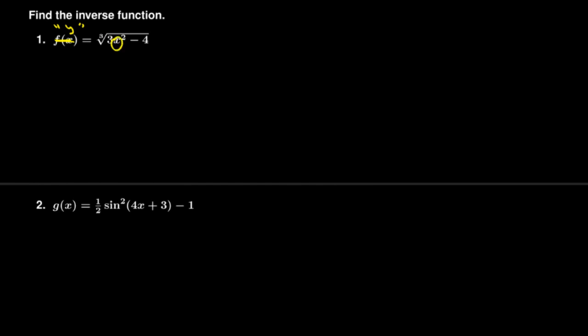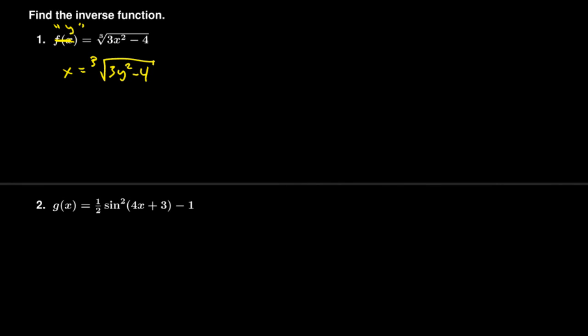Essentially just switch those two and solve for y, because that is going to make you systematically get rid of all of the operations and undo them, because inverses means that you undo all operations done on a function.